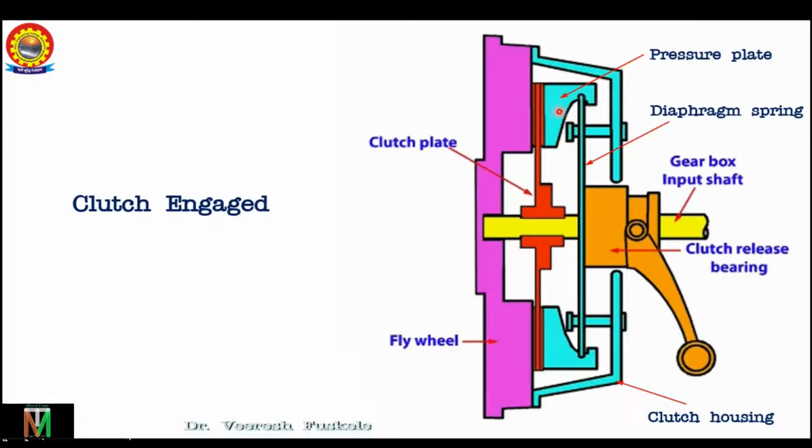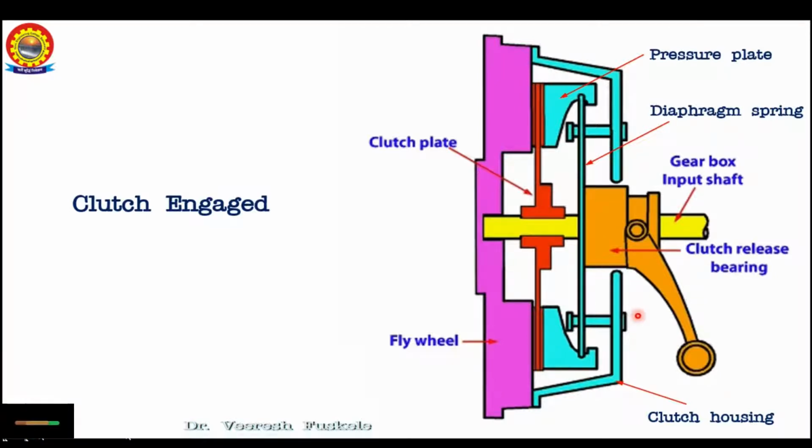After some initial slip, the clutch plate, the flywheel and the pressure plate will all rotate as one unit, right? And the energy is transmitted from the engine through the flywheel, through the clutch plate and through the input shaft of the gearbox to the transmission and further downstream in the powertrain. So that's how the energy transfer happens when the clutch is engaged.